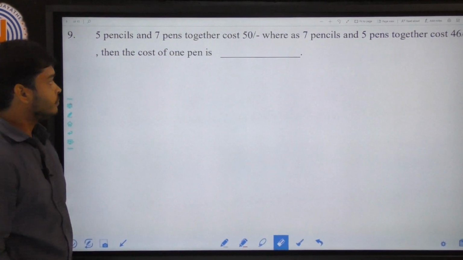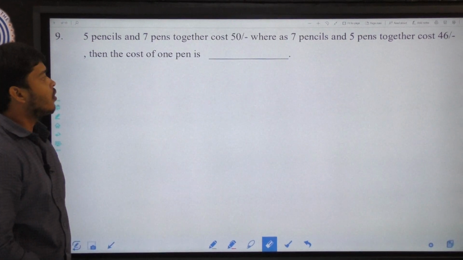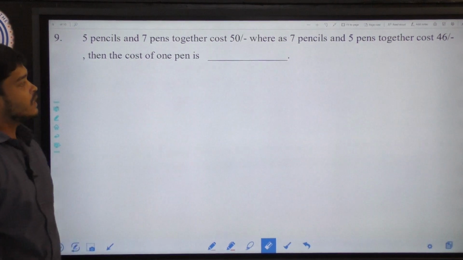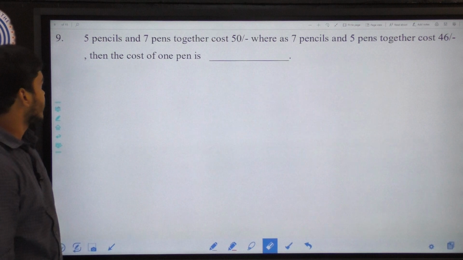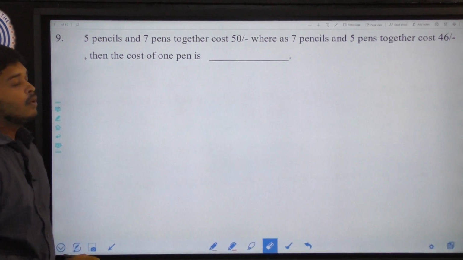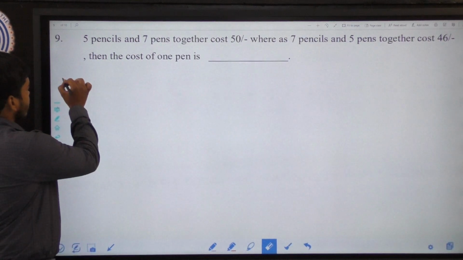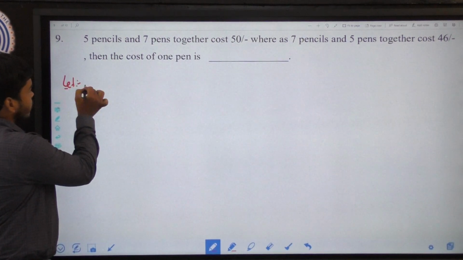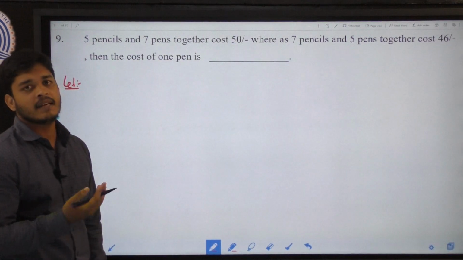So question number 9. 5 pencils and 7 pens together cost 50 rupees, whereas 7 pencils and 5 pens together cost 46 rupees. Then the cost of 1 pen is? We don't know the cost of 1 pencil and the cost of 1 pen. Let it be taken as x and y.